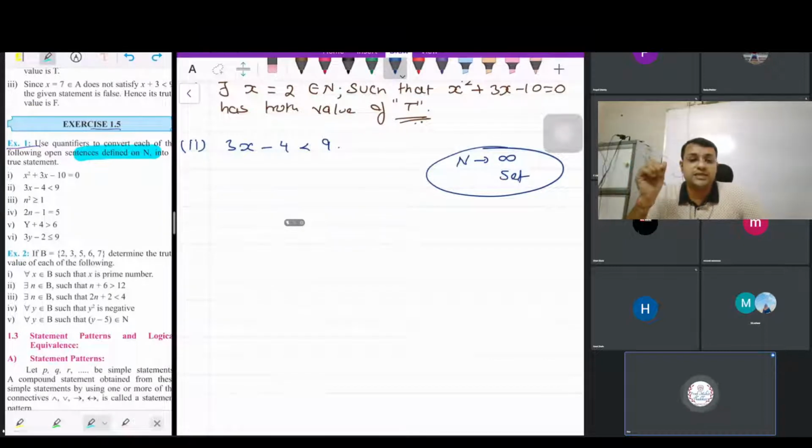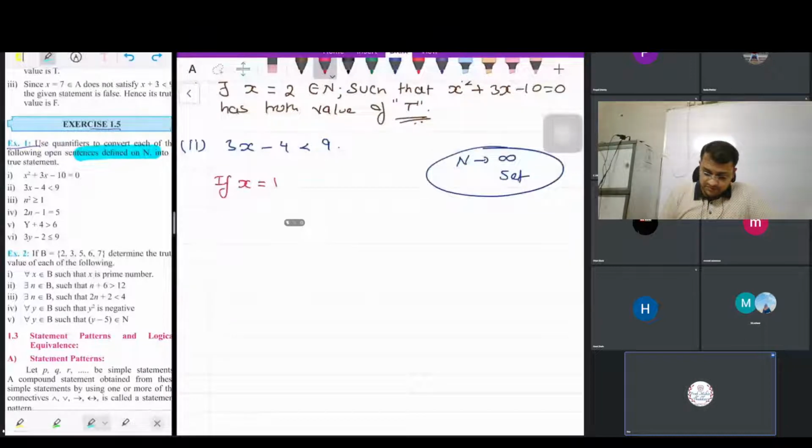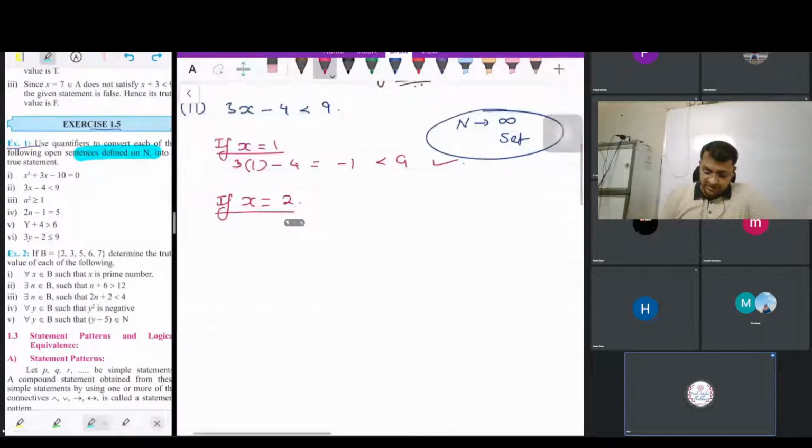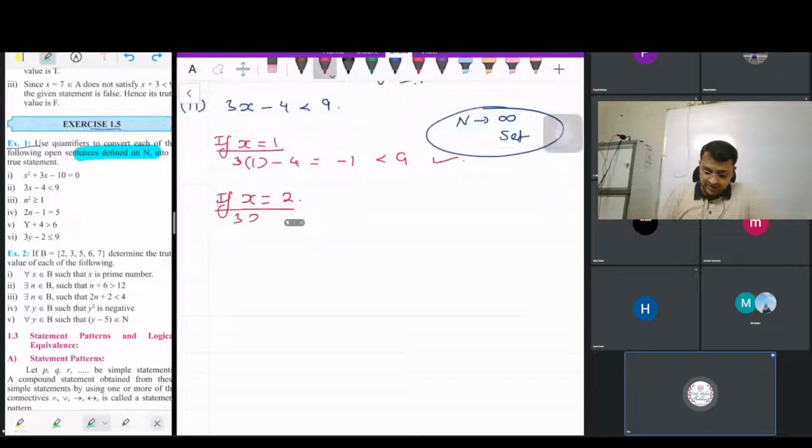Now I know that natural numbers start from 1. So let me try with the value 1 first of all. If x is equal to 1, 3 into 1 minus 4 is minus 1, definitely lesser than 9. If x is equal to 2, 3 into 2 is 6, minus 4 is 2.